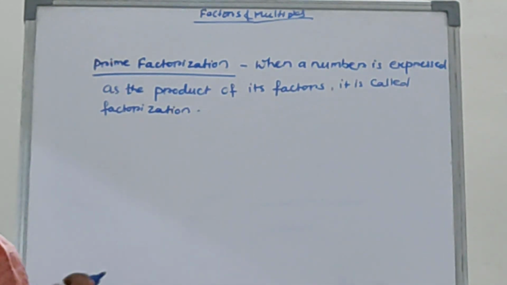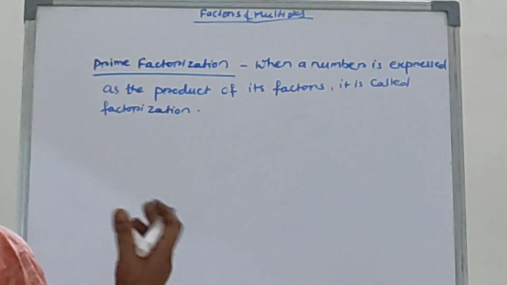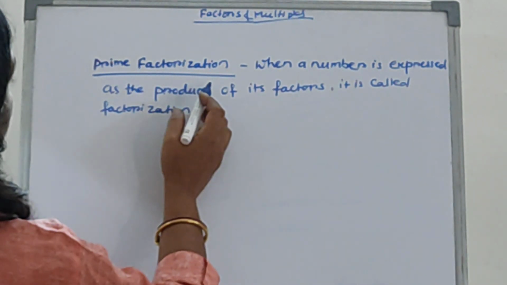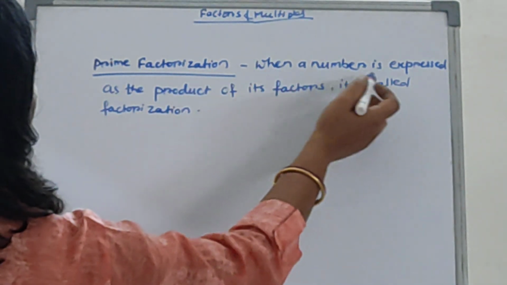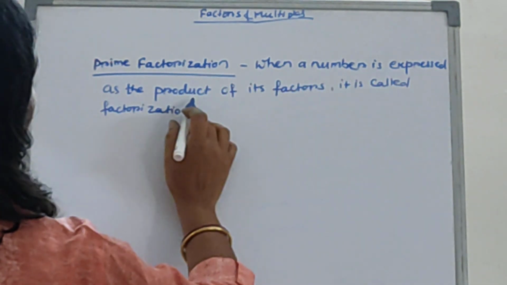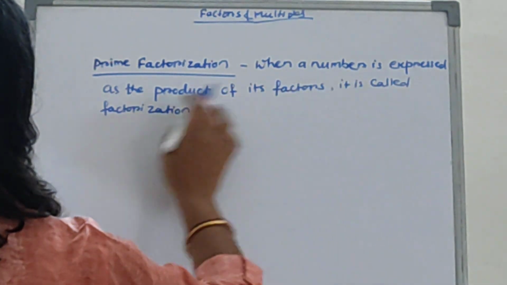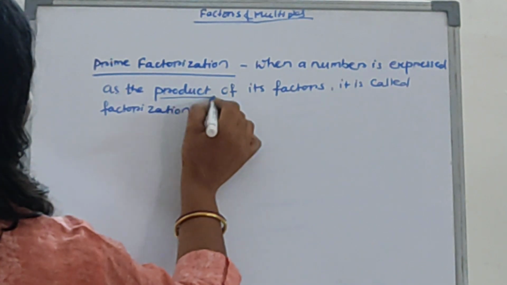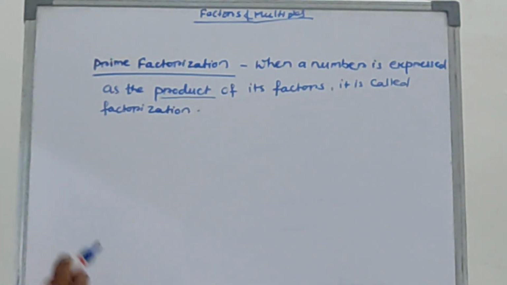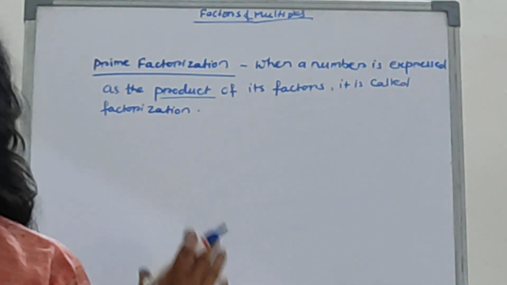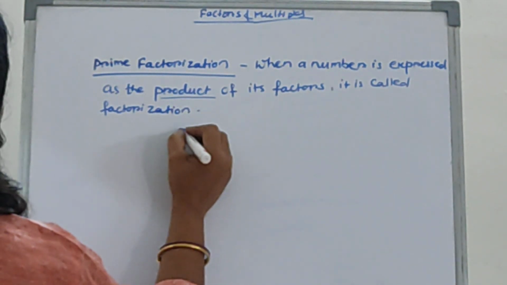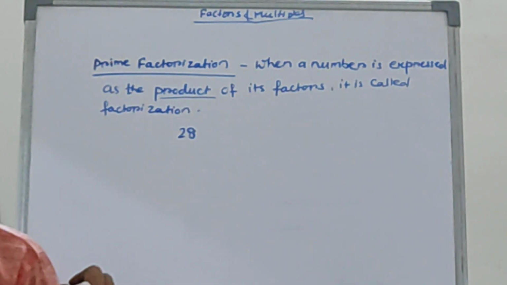Now we will learn about factorization. What is factorization? When a number is expressed as the product of its factors, it is called factorization. For example, we are taking 28.